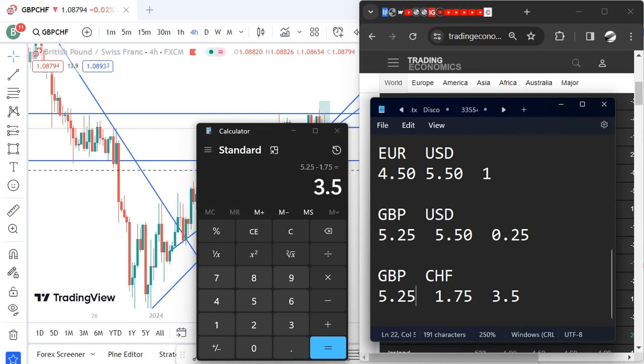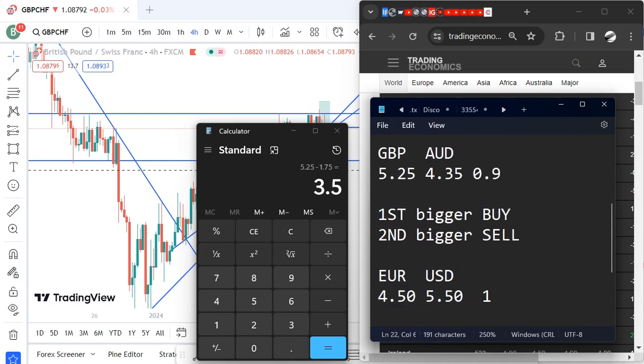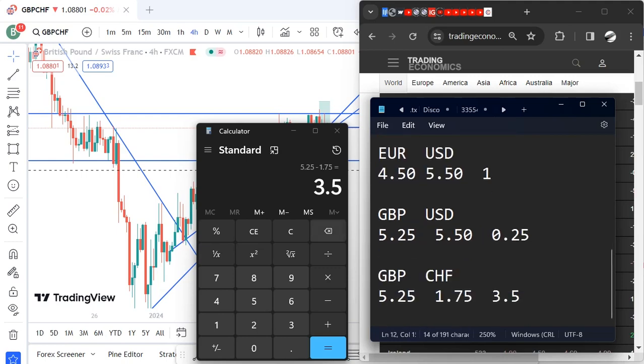The interest rate of Great Britain is greater than the interest rate of CHF. So in this case, using our formula, the market is going to buy because the first is bigger than the second. So this is our chart now.